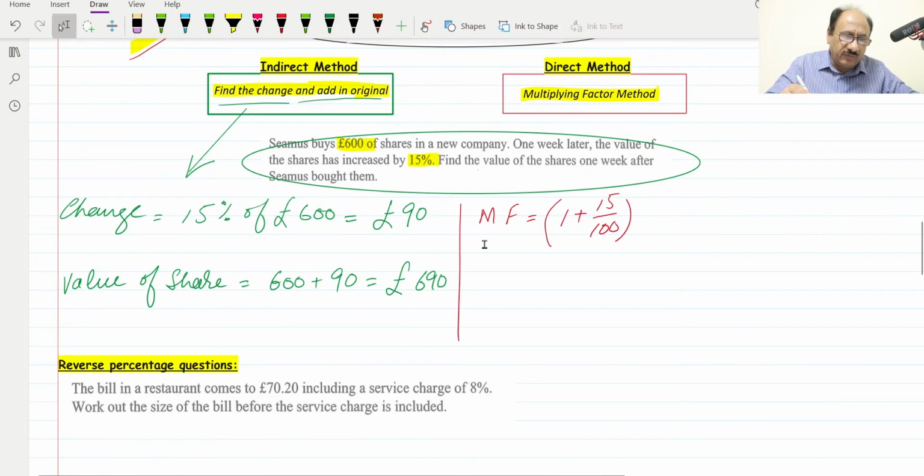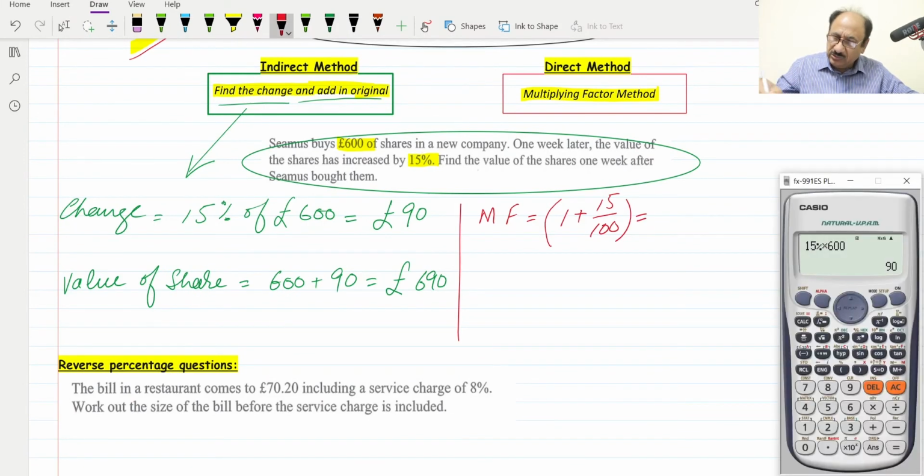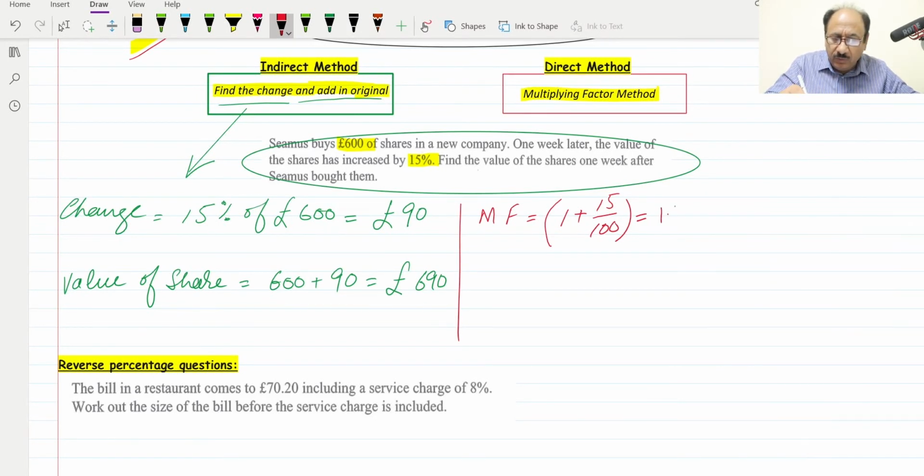So 1 plus 15 divided by 100 is equal to 1.15. We are calculating the multiplier, or multiplying factor.